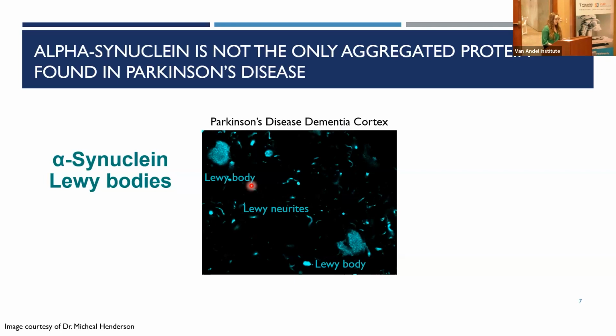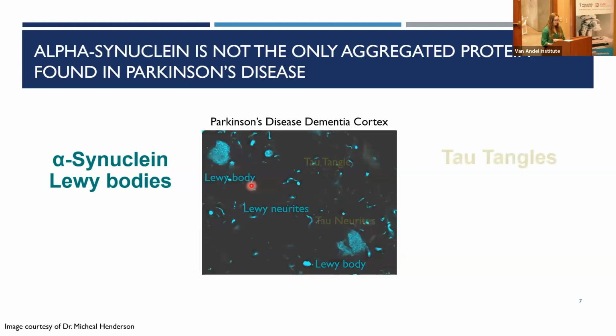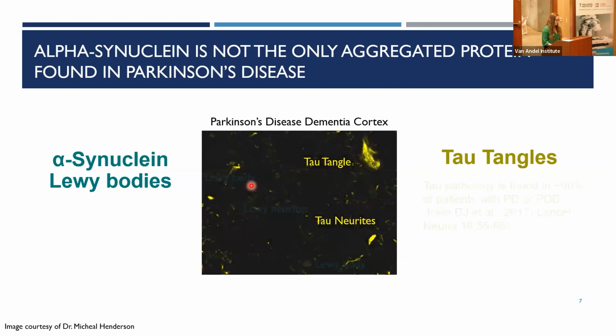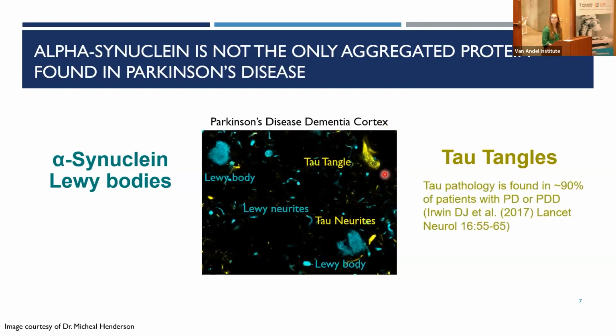And when we look at the same piece of tissue, but at a different pathological protein, a different aggregated protein, we find aggregated tau. And this is really interesting to us because this tau, in some cases, occurs in the same cells as the alpha-synuclein pathology, as in here, or in neighboring cells, as you can see them near each other in other places.